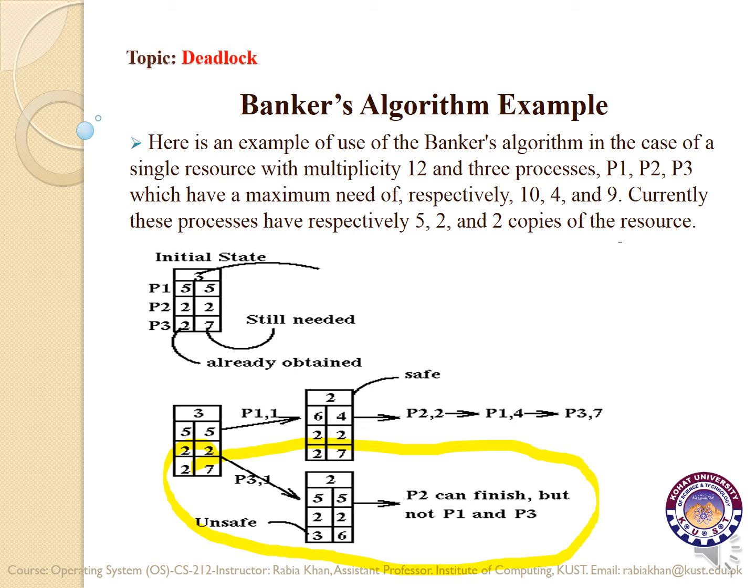If all the 2 remaining resources are assigned to P2, whose demand is completed, after utilization it would release 4 resources. But 4 resources are not enough to complete the demands of either P1, who requires further 5 instances, or P3, who further requires 6 instances.